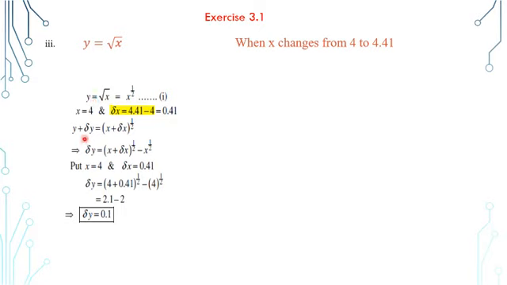Replace x by x plus del x and y by y plus del y. Take y on the right hand side and replace the value. We have del y is equal to x plus del x raised to power 1 by 2 minus x raised to power 1 by 2. Replace the values of x and del x. We have 2.1 minus 2, that is 0.1 is the value of delta y.